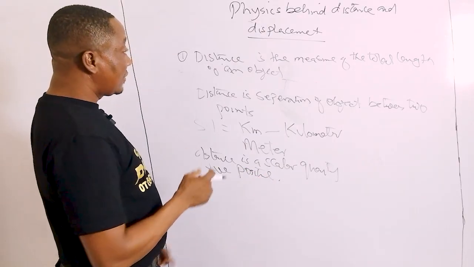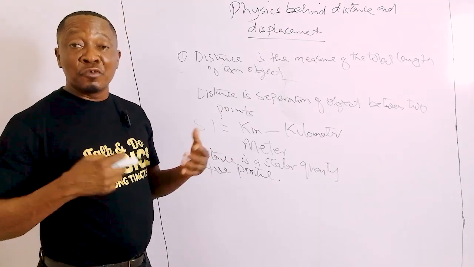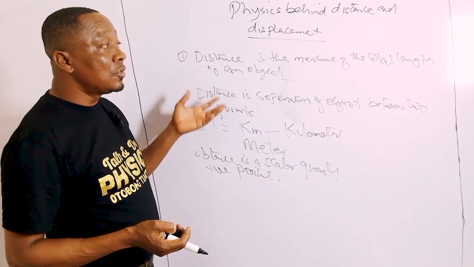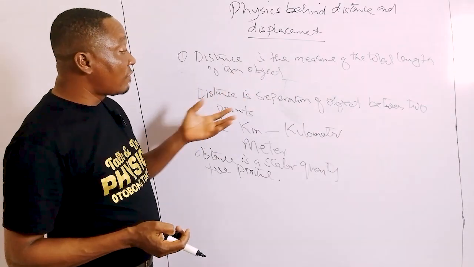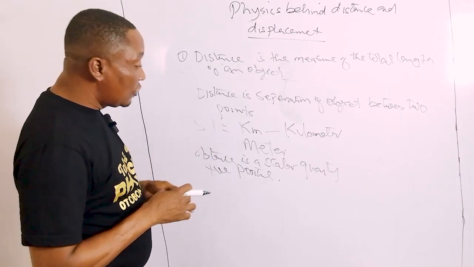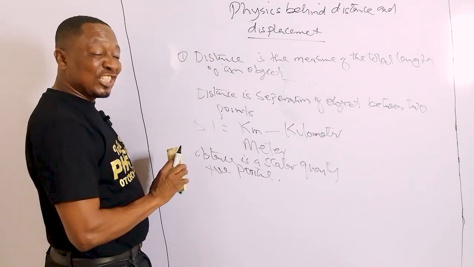And as you can see, we have been able to understand what distance is. So if you are going out and you want to apply distance, this is how to implement the definition of distance and how to calculate distance. So let's dive into the calculation of distance before we get into displacement.